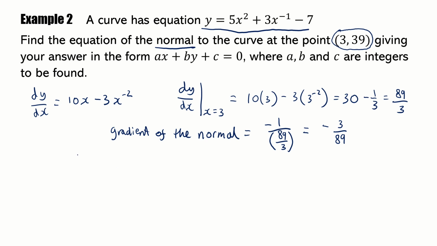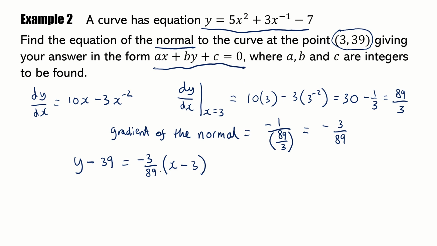Therefore, we now have all the information we need to be able to find the equation of the normal, so we're going to use y minus y1, using the y coordinate given to us in the question, our gradient, and then also x minus the x coordinate given to us in the question. All we've got to do now is rearrange this equation line so that it's in the format requested in the question, which is ax plus by plus c equals 0.